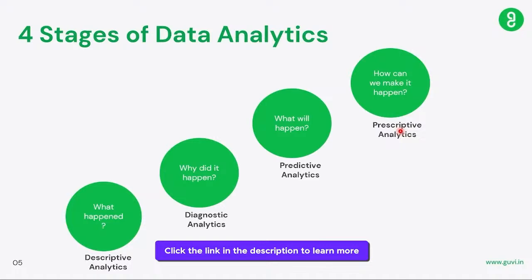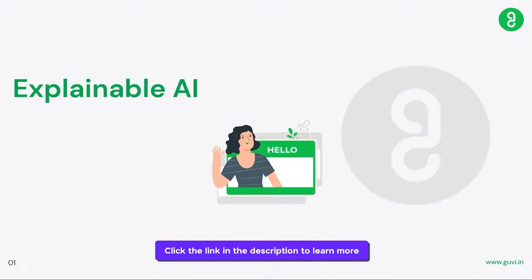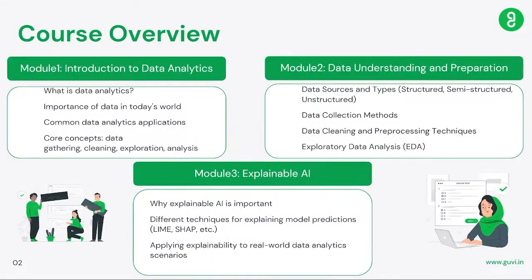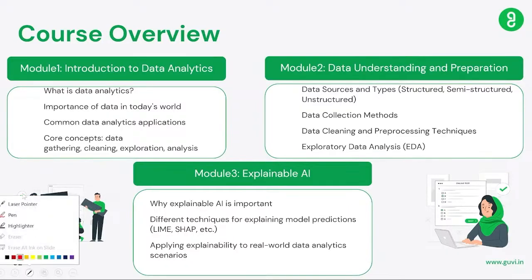Hello all. Now let's dive into the world of explainable AI, or XAI, and explore why it's such a critical aspect of AI systems. Here, let's give a quick overview of the course. We are now in the third module.